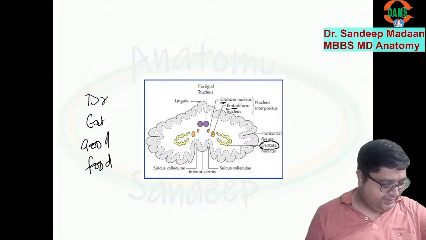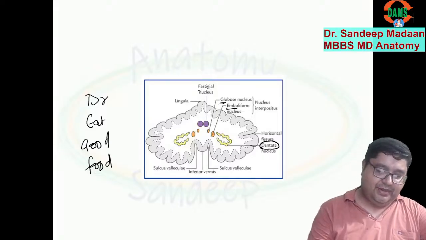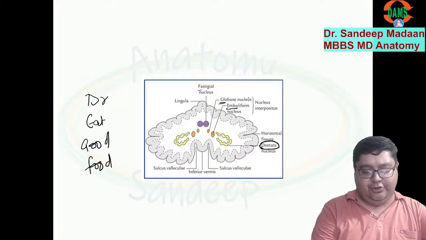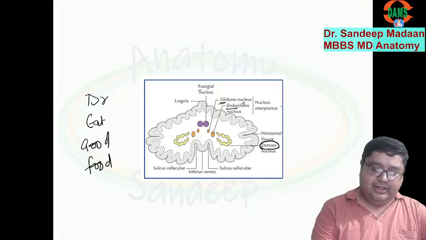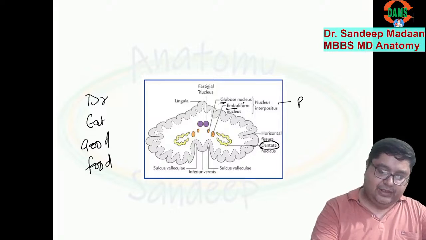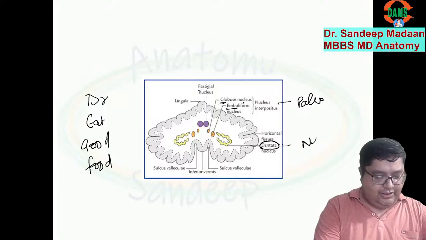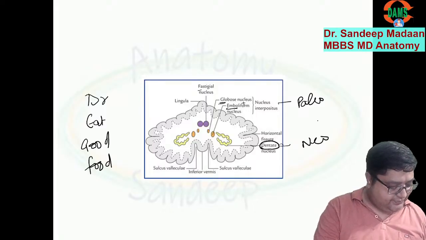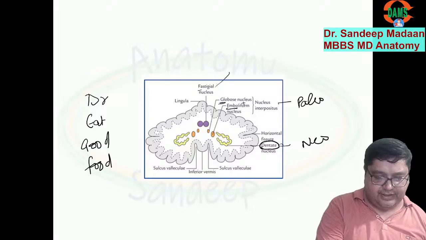Hardly, never. No problem. We can just remember dentate, emboliform, globose, and fastigial. Globose plus emboliform taken together is the nucleus interpositus, which is the nucleus of paleocerebellum. Dentate is the nucleus of neocerebellum. And fastigial is the nucleus of archicerebellum.